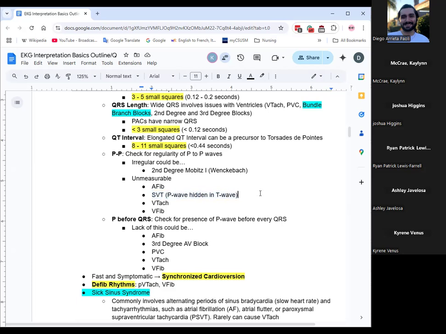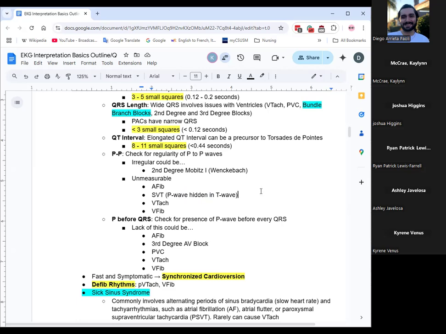With SVT, one of the ways you can tell apart a supraventricular tachycardia from just a really fast tachycardia is if the P wave is hidden in the T wave. I remember in the in-class lecture there was one that looked like an SVT, but it was actually a sinus tach.